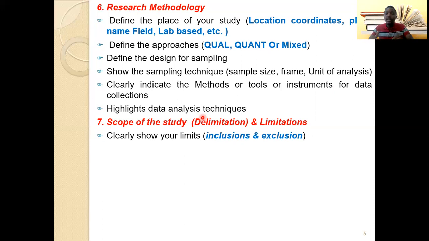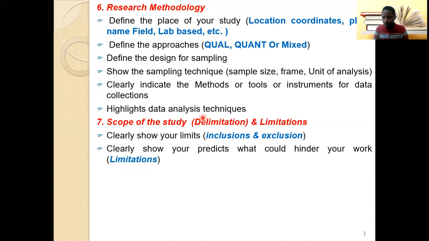And thus, the material that will limit you from performing some of those other activities is what we call the limitations. Then you need also to predict what are the factors that could limit your study. Clearly, you need to predict and show.